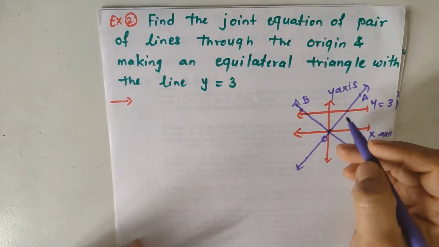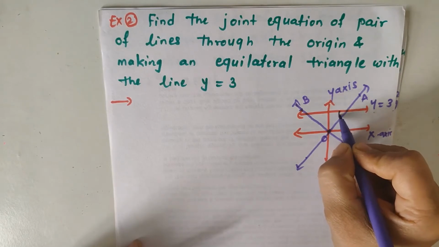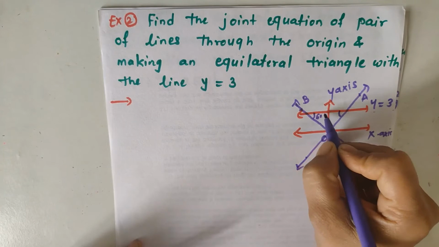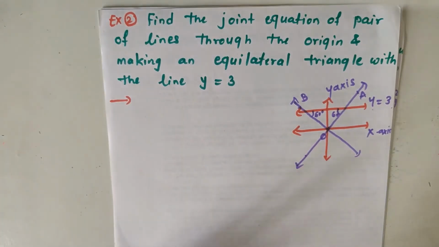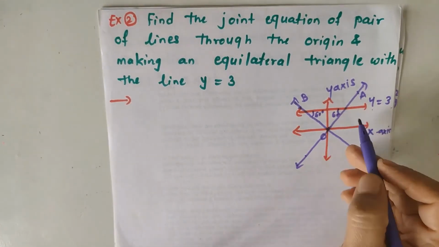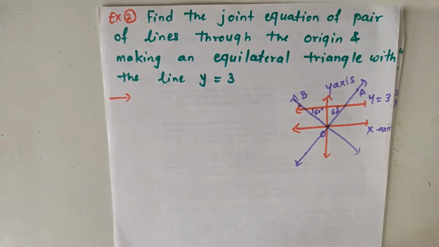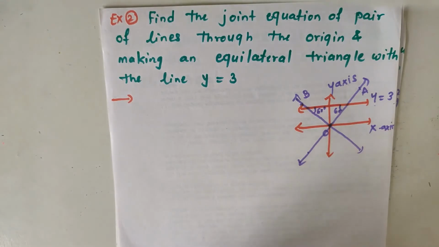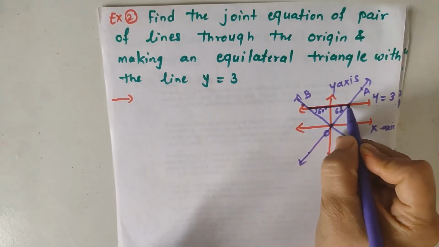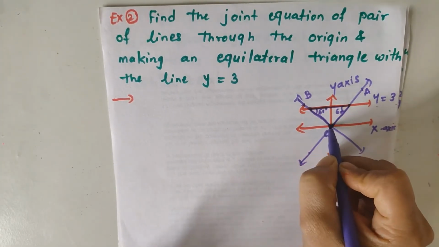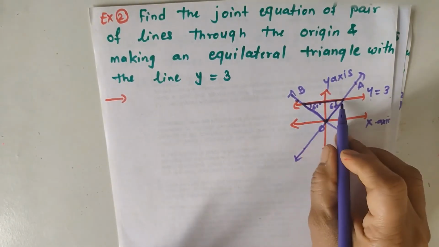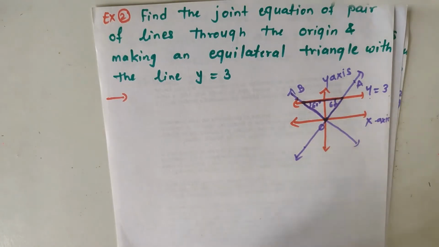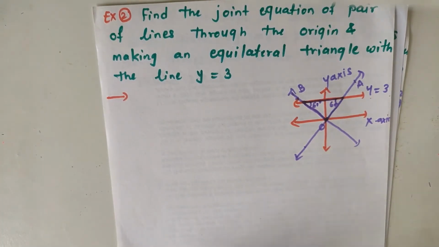This is an equilateral triangle, so these lines make an angle of 60 degrees with the line y equal to 3. Each angle of this equilateral triangle is 60 degrees. So write the explanation.